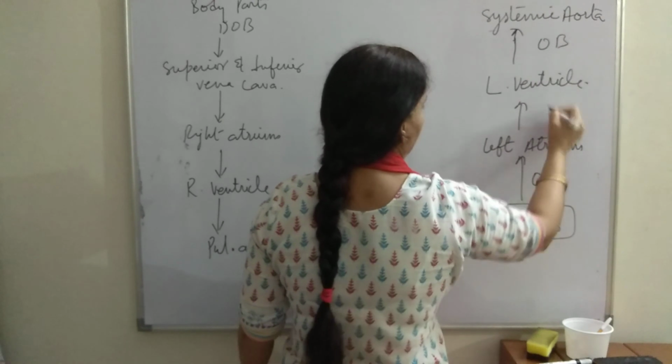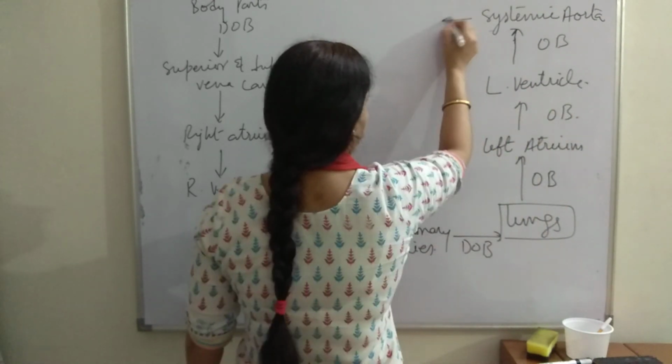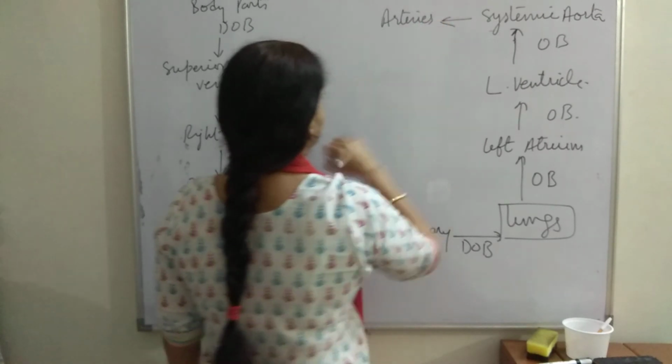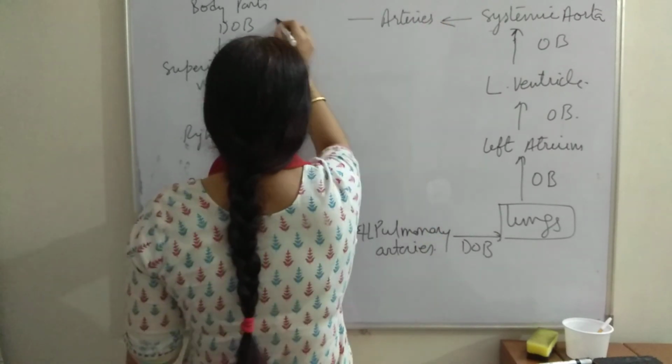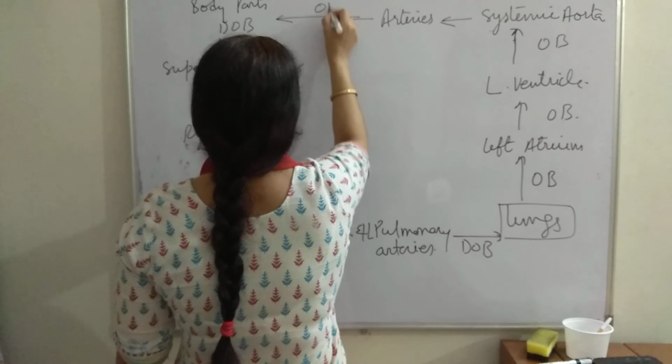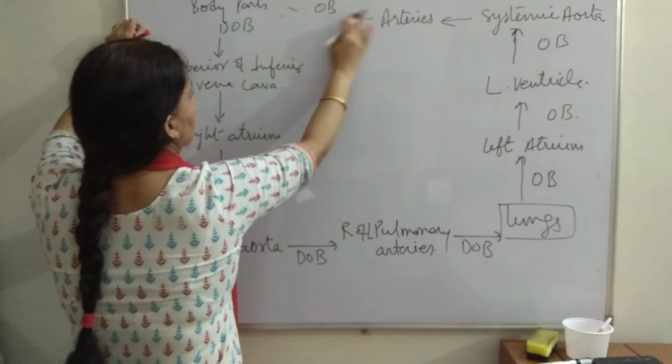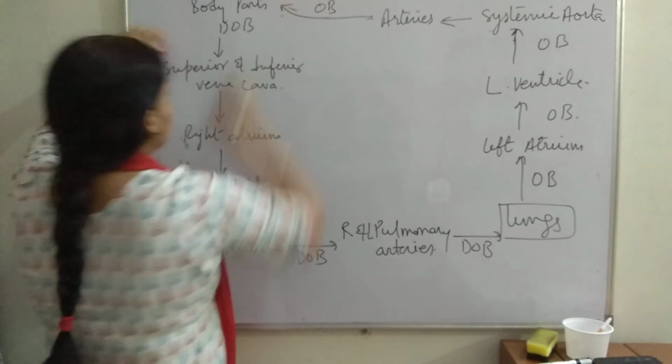What type of blood? Oxygenated. Aorta is divided into arteries. Arteries are supplying this oxygenated blood to body parts, to all body parts. We started from here.